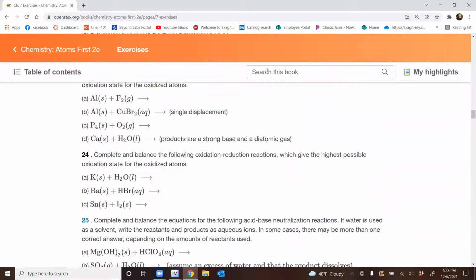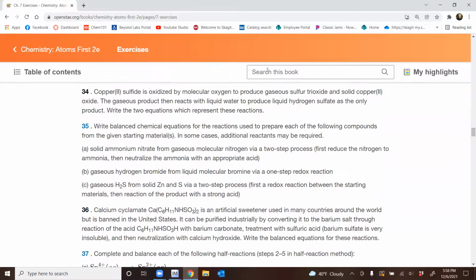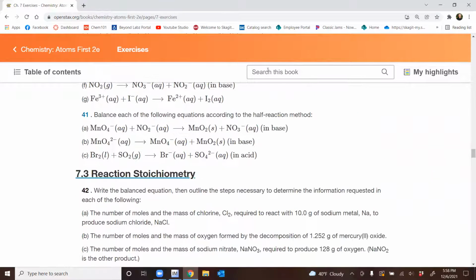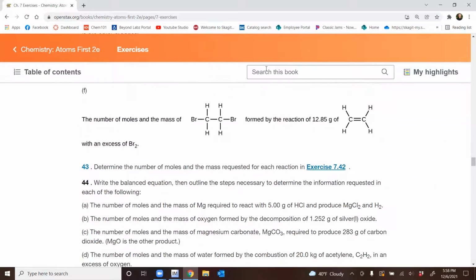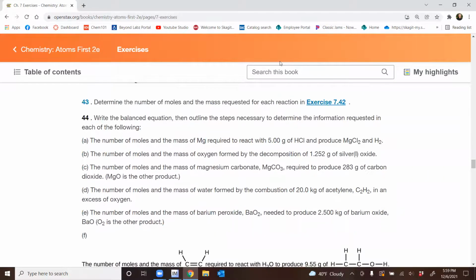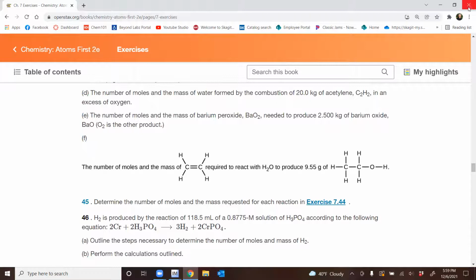There are a lot of really good solution stoichiometry problems in the back of chapter exercises, if I remember right. Of course, I've looked at 4 different books for exercises in the last couple of days. So I think the best one of them actually was this one, which is great because it's also free.